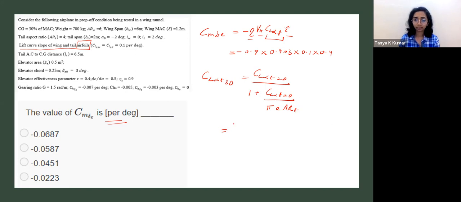You need the CL alpha 3D finally to be in per degrees. So accordingly, tell me the values.